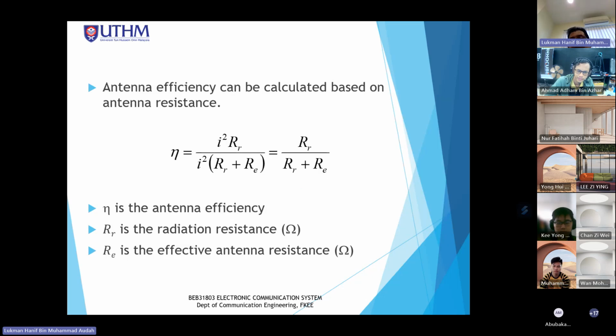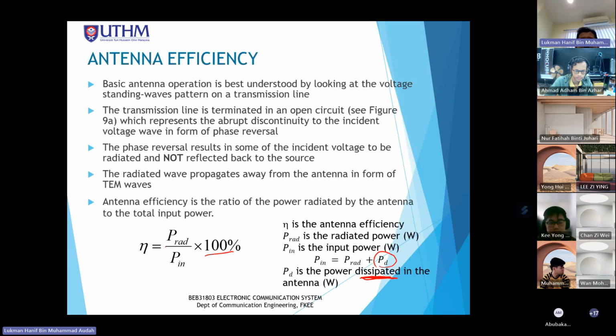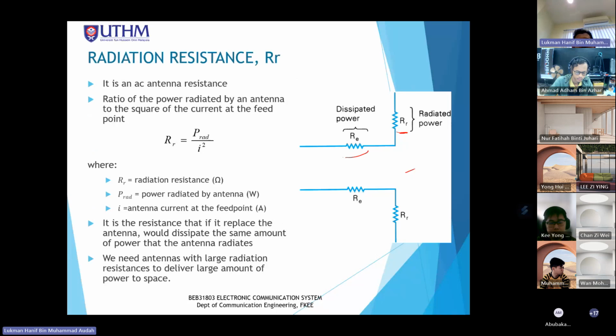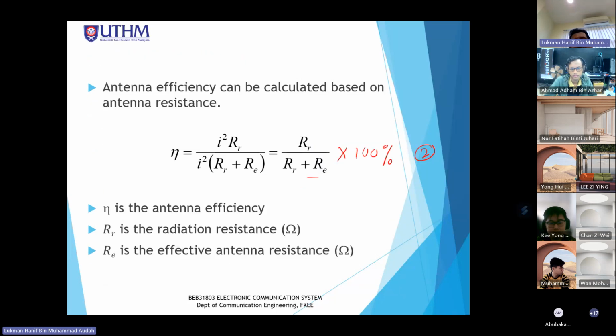We can also measure the efficiency in terms of resistance. This is R radiation divided by R radiation plus R effective of the antenna, and you multiply it by 100% so that you get a percentage. So this is the second equation. The first equation to calculate the efficiency is this one, and the second equation calculates efficiency using the resistance values.